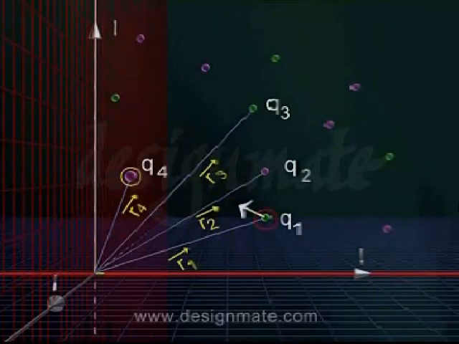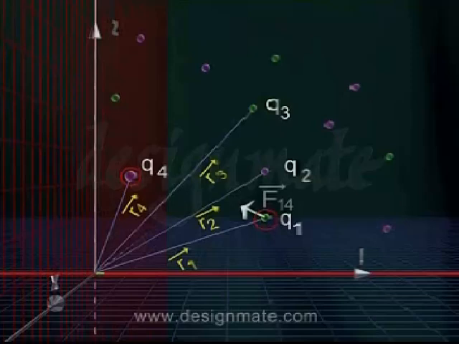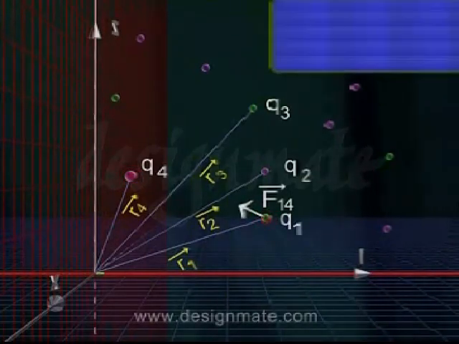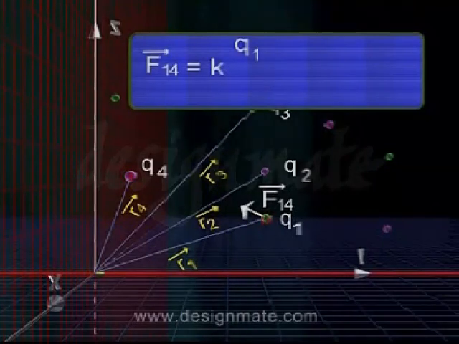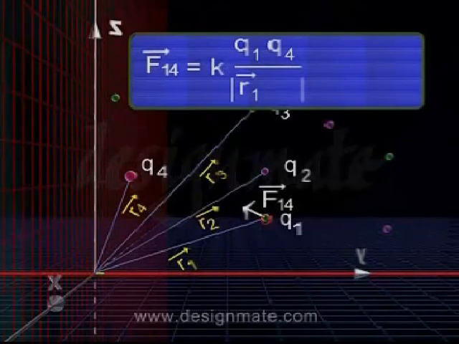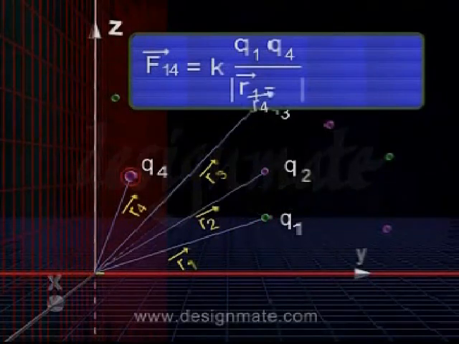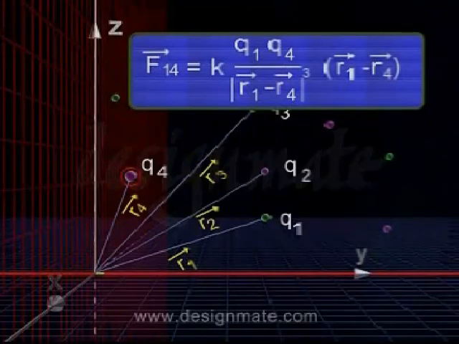And the force on Q1 due to Q4, vector F14, is equal to K into Q1 Q4 upon modulus of vector R1 minus vector R4 cubed, into vector R1 minus vector R4.